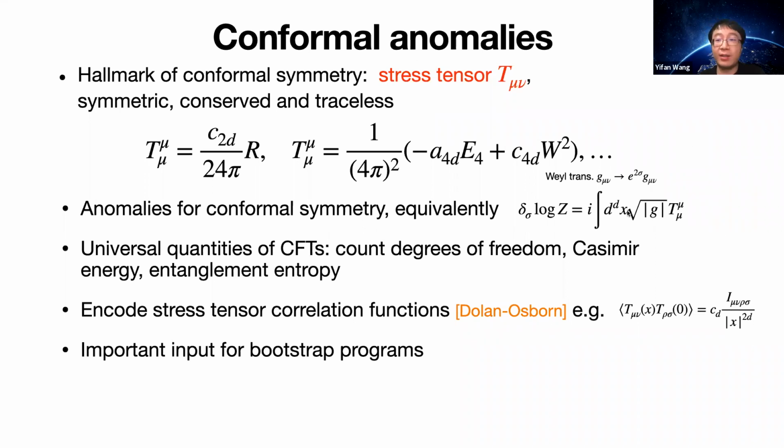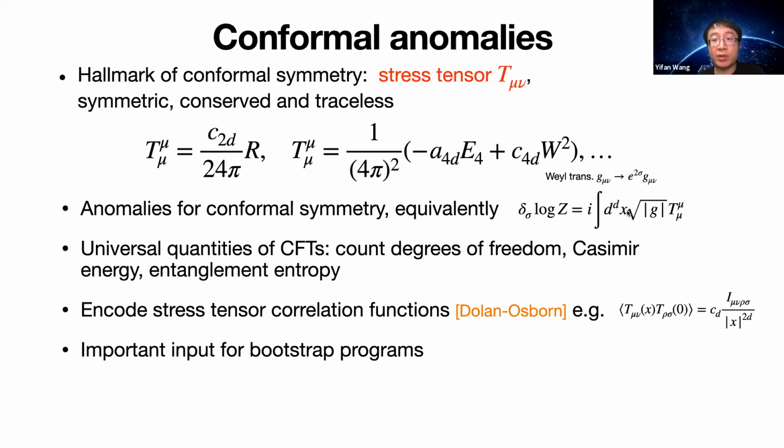These conformal anomalies are very universal and important quantities in the CFT because they count degrees of freedom in the CFT. They take intuitive values for bosons and fermions and also for interacting systems. They also determine universal parts of, say, the Casimir energy of the system, the vacuum energy of the quantum system, and also entanglement entropy.